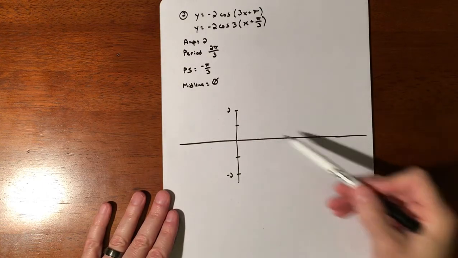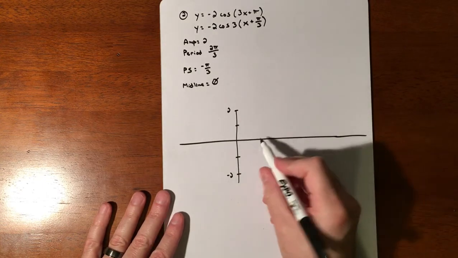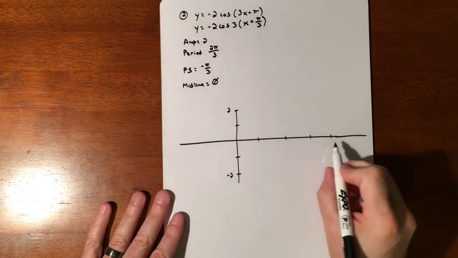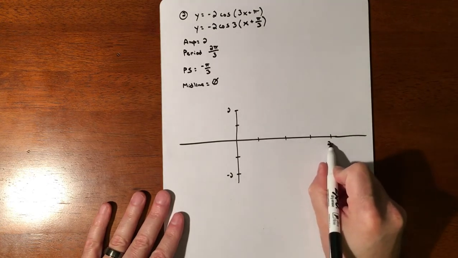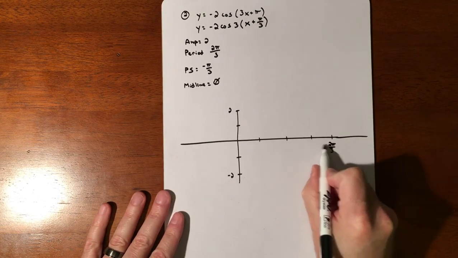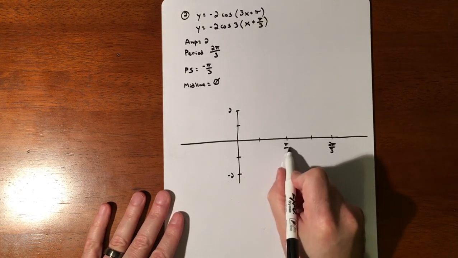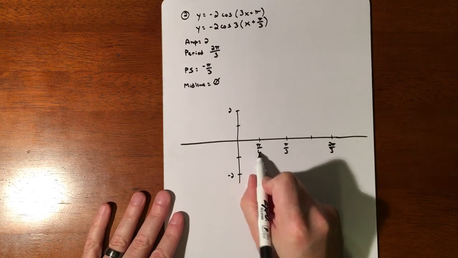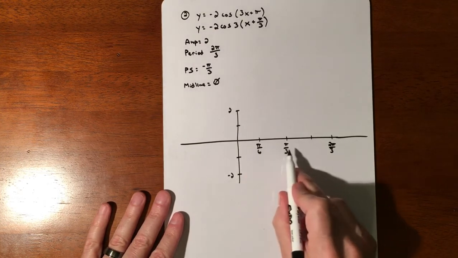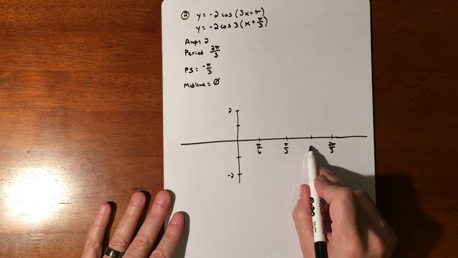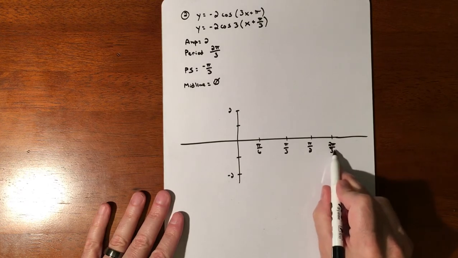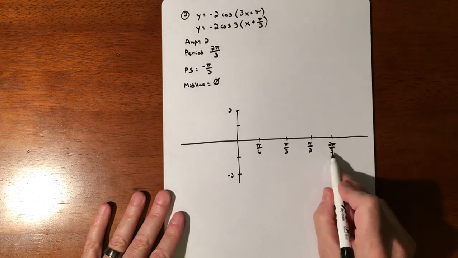There's no midline shift, and we're going up 2 and down 2 for our amplitude. I'll put my 4 equal parts here. My period is 2 pi over 3. When I cut it in half, that'll be pi over 3, and then I cut it in half, that'll be pi over 6. So that's 1/6, 2/6, 3/6 is actually pi over 2, and then 4/6 simplifies down to 2 pi over 3.